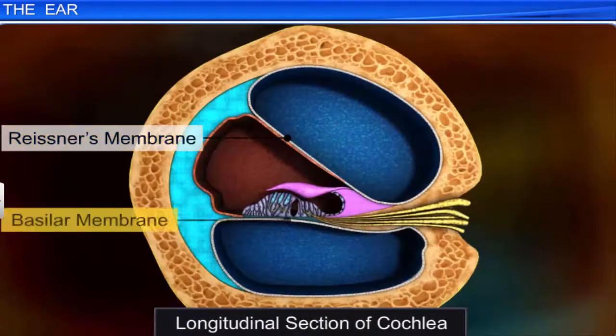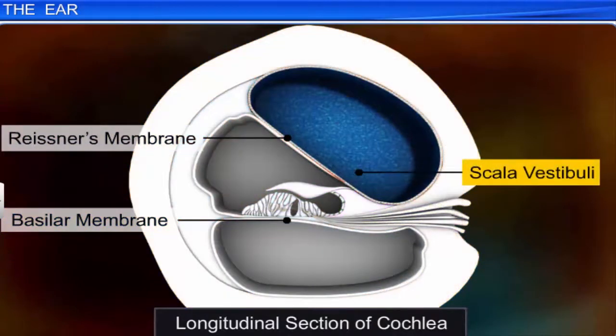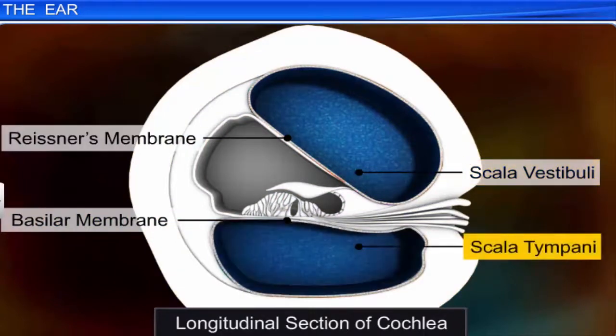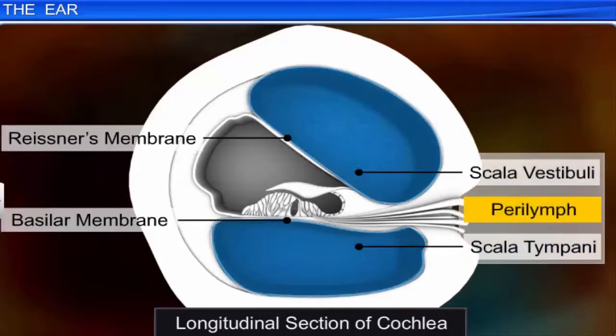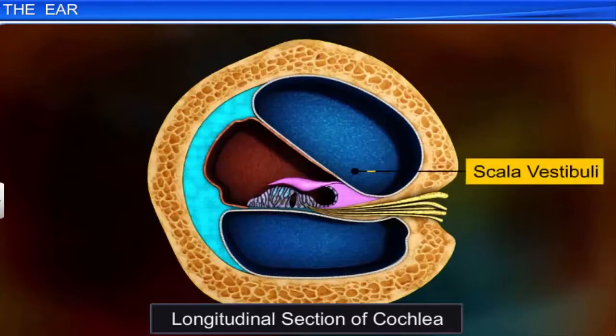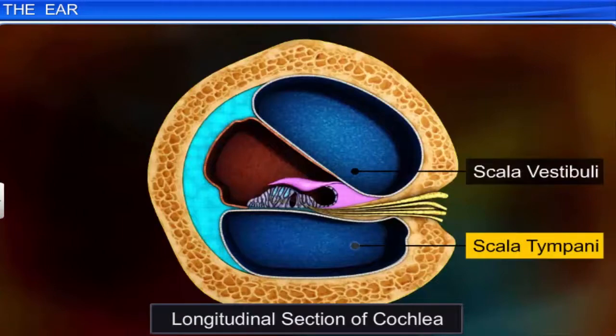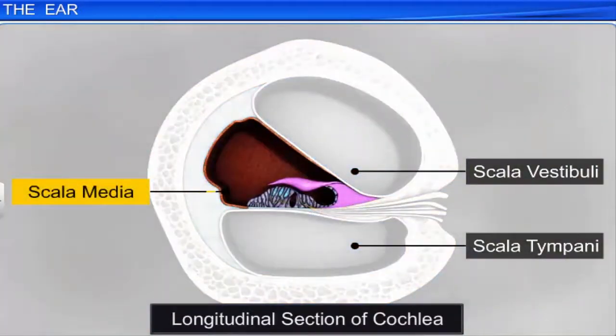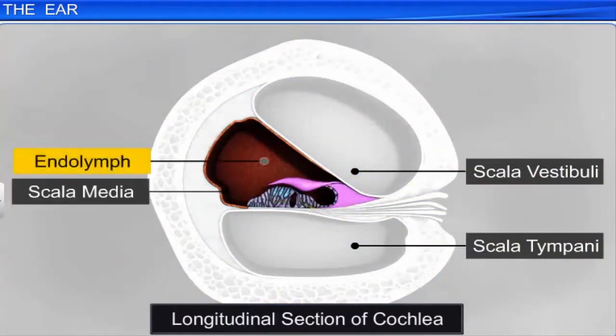Rissner's membrane and the basilar membrane divide the bony labyrinth into an upper section called the scala vestibuli and a lower section called the scala tympani, which are both filled with perilymph. Coming to the membranous labyrinth, the space between the scala vestibuli and scala tympani is called the scala media and is filled with endolymph.